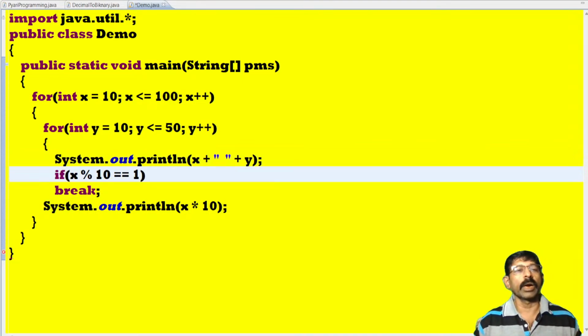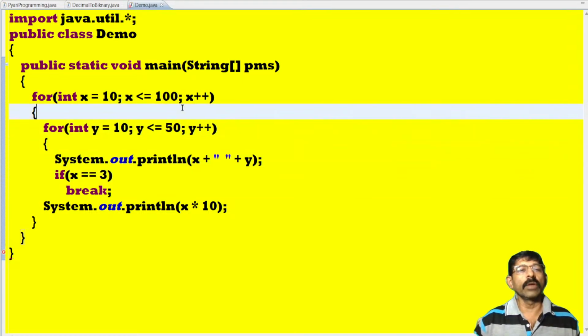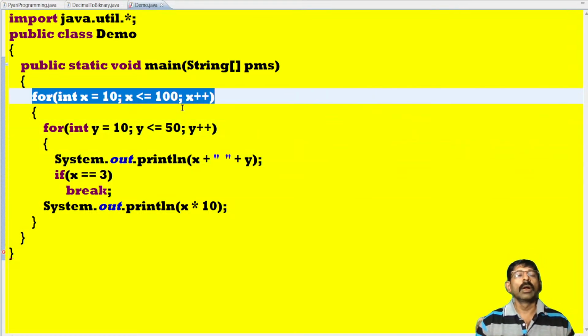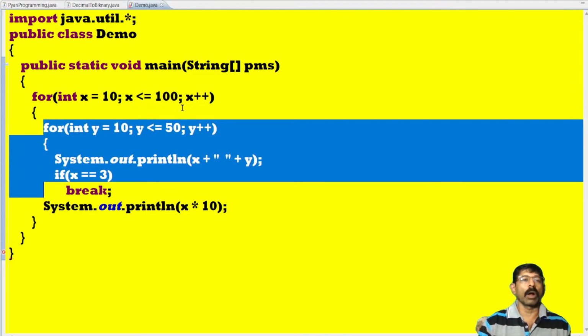Here I am putting a condition: if x value is equals to 5, or let me say, since it will take a lot of time, x equals to 3, then break. Even if the outer loop would execute 10 to 100, when x value is 3, it will stop. But why will it stop? It will stop from the inner loop, not from the outer loop.